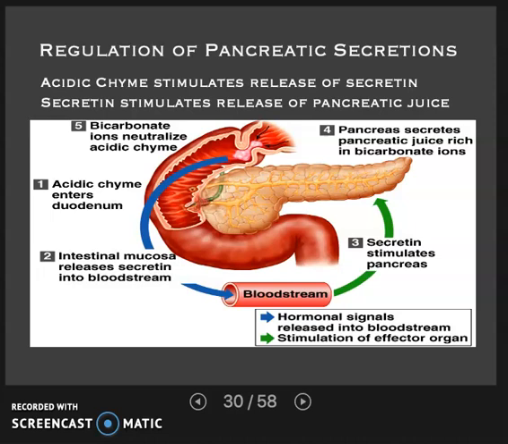It stimulates the pancreas to secrete its juice, and that neutralizes the acid because it's carrying that bicarbonate ion, and then the secretin is stopped being secreted.